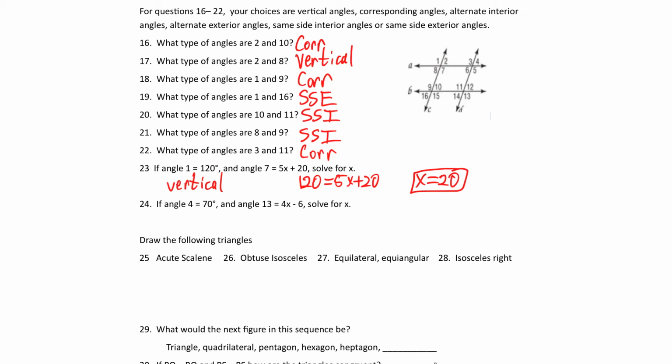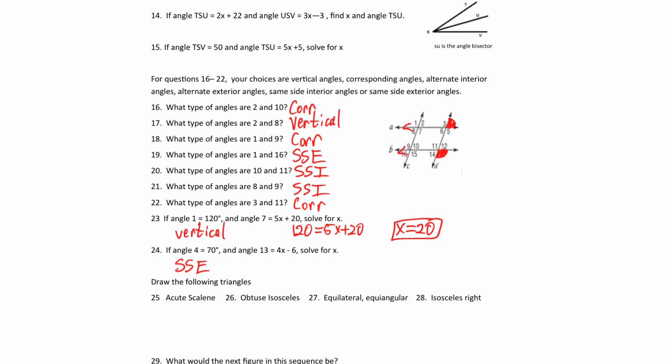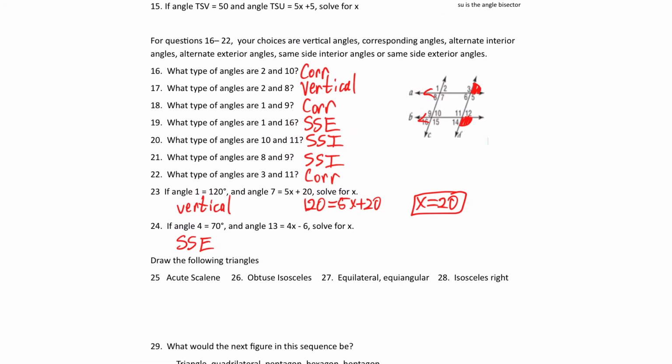Okay, then number 24 is asking about angle 4 and angle 13. So what are 4 and 13? Same side exterior. Now, it doesn't say it, but we need to know that these are parallel to each other. If they are parallel to each other, what do we know about those two angles? They're not the same.